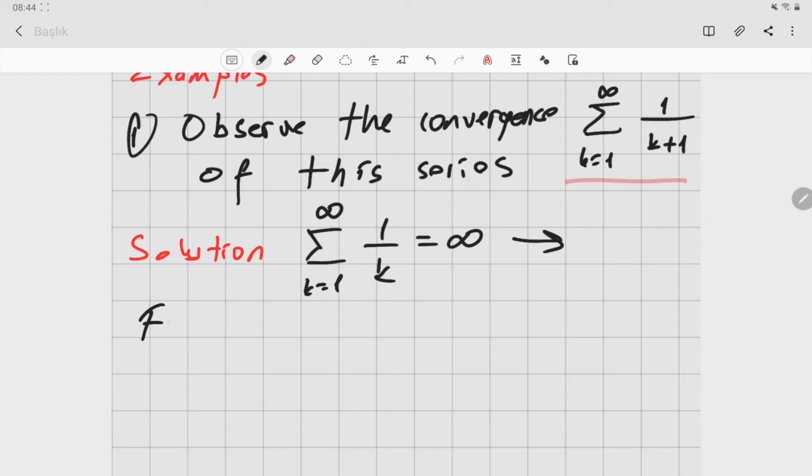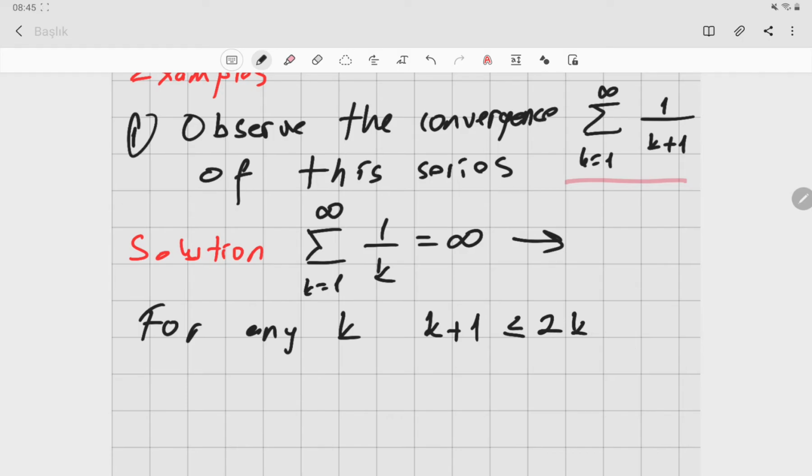So for any k, we may write k smaller than k plus 1. Okay, and this is clear, and we may write here k plus 1 smaller than or equals 2k.